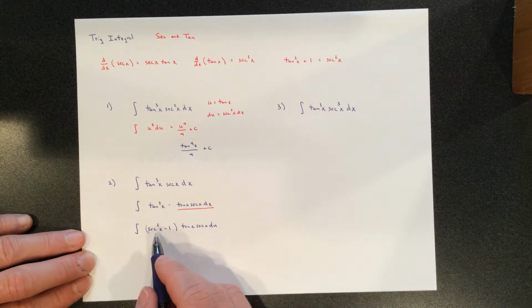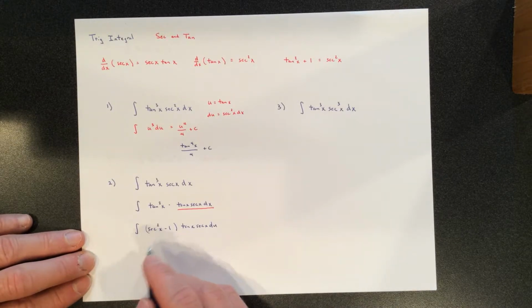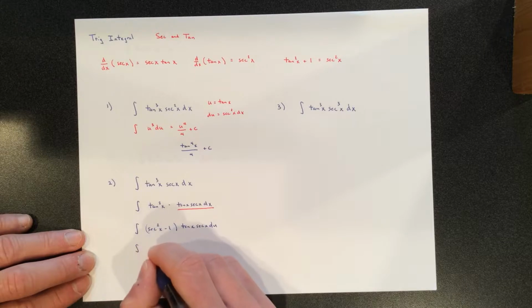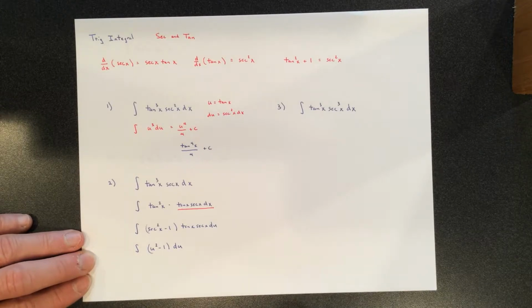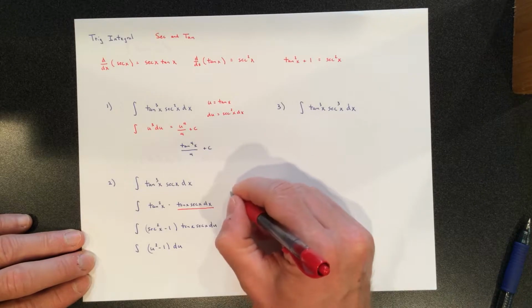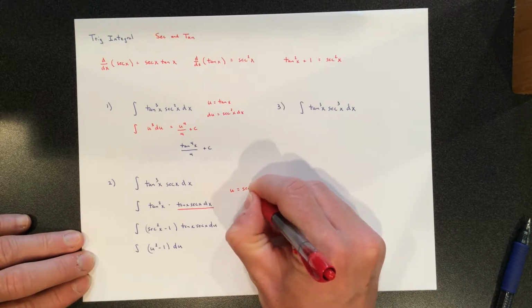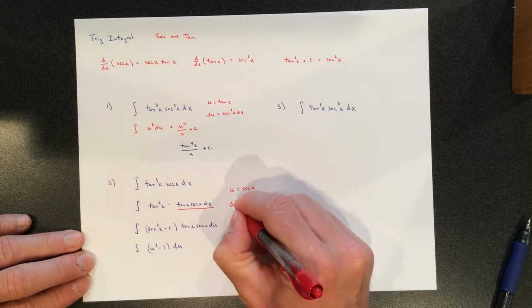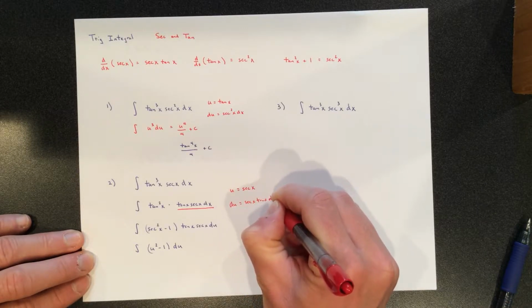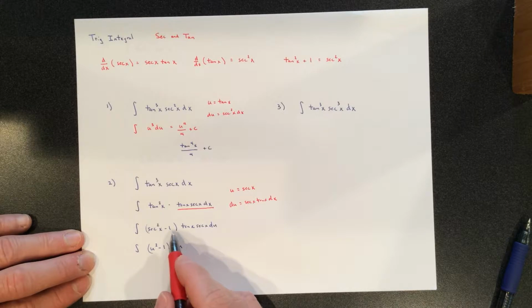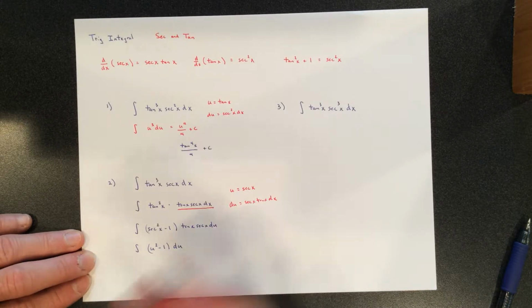This then is u squared minus 1 du. And it really turned out to be that easy, right? If u is secant x, then du is secant x tangent x dx. So that's u squared minus 1, and then this whole thing is du, and we kind of knew that, right?